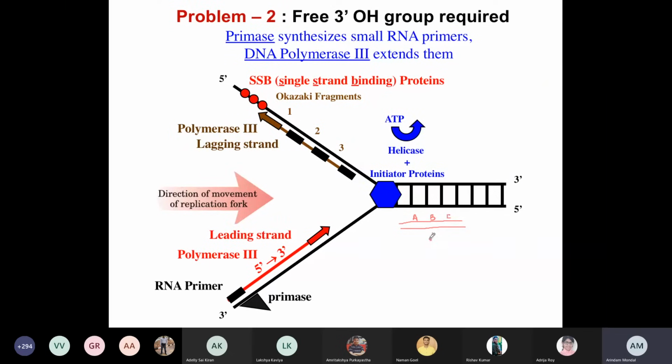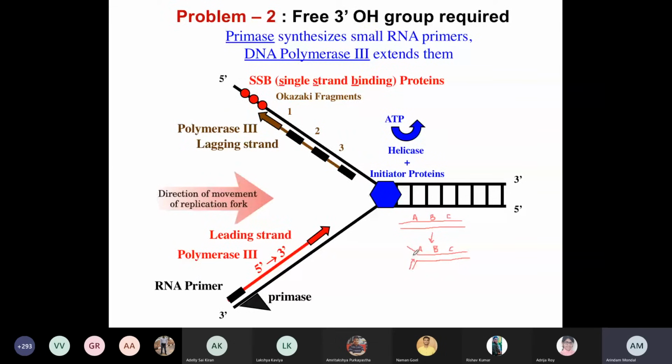Now the helicase unwinds up to point A. So this is point A, this is point B, and this is point C. Now, for the leading strand, it will synthesize a primer here and it will follow the direction of the helicase.